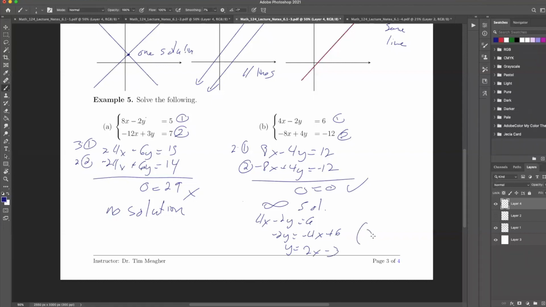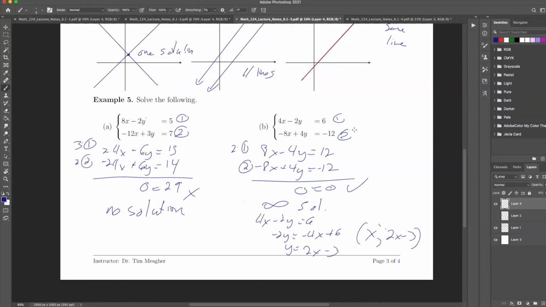And so my solution set here is (x, 2x minus 3), because for whatever value you give me for x, I can give you a value of y. So if you give me 0 for x, I have the value of negative 3 for y, and that solves this equation. And if I put in 1 for x, I'll have negative 1 for y, and that solves this equation.